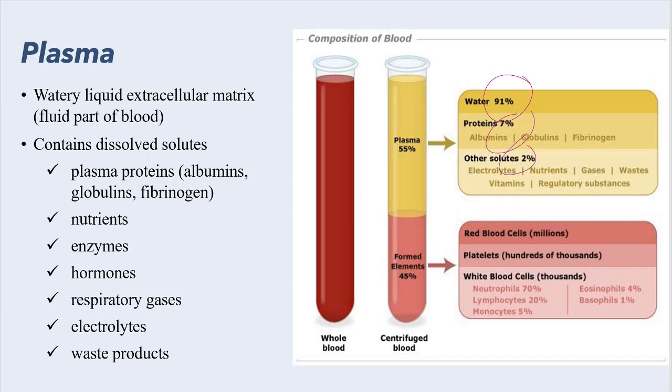And these proteins, some of them are confined to the blood, so we call them plasma proteins. Some of them are made in the liver. We're talking about albumin, fibrinogen, and globulins. These are the three major plasma proteins. And then we have those solutes that include electrolytes. We have enzymes, hormones, gases, and waste products like urea, uric acid, creatinine, and bilirubin.